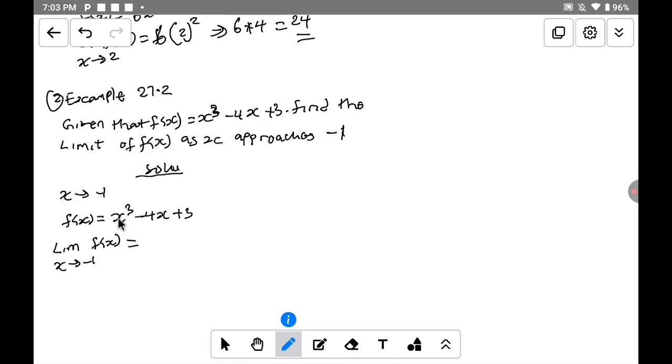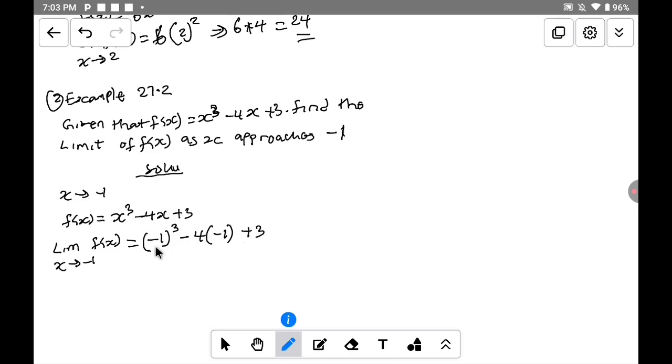Here we have s to the power of 3, that will be minus 1 in brackets to the power of 3, minus 4 times, because 4 is multiplied by s, I put minus 1 in brackets here, plus 3. This 3 is not attached to s, so that is why I don't multiply it by minus 1.